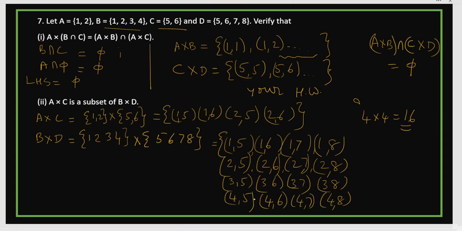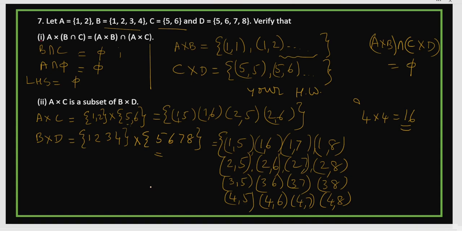Now see, in the sea of all these elements, you have to find out which is common. If you are smart enough, you can see 5, 6 are there here and 5, 6 here. These are the two elements which are common to both the sets.